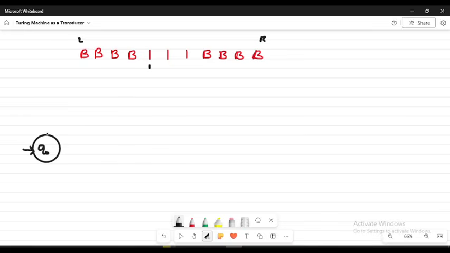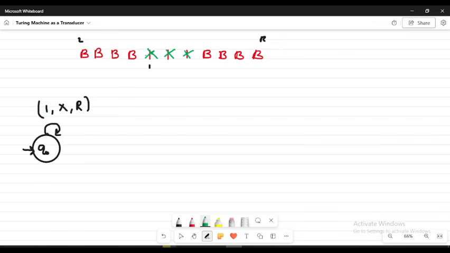You will make it x. Whatever ones we are seeing here, we will make all of them x, and keep on moving in the right direction.